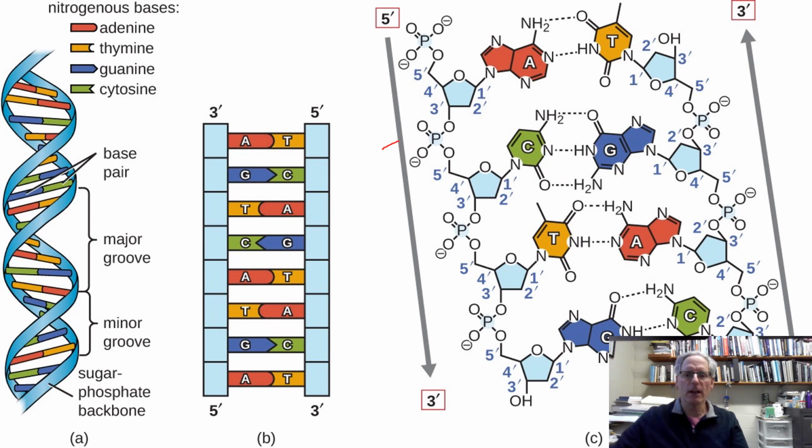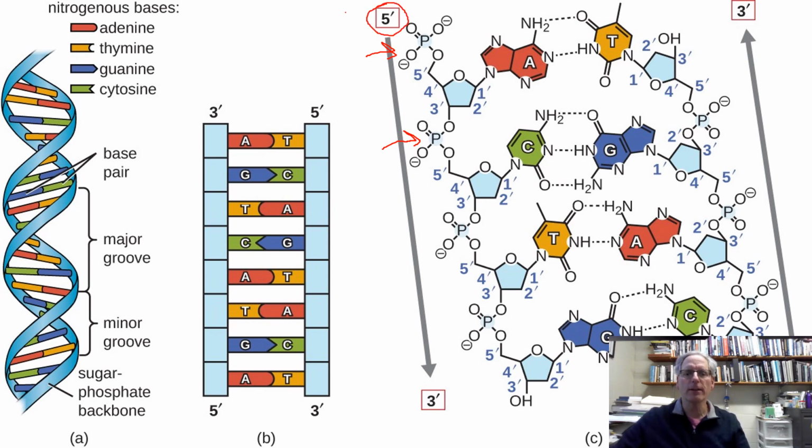The phosphates, as you can see, are here and here. Phosphates are attached to the 5' carbon of the sugar, 3' carbon, 5', 3', 5', 3', 5', 3', and so on and so forth. This strand is going from front to back. The front of the molecule is called the 5' end.